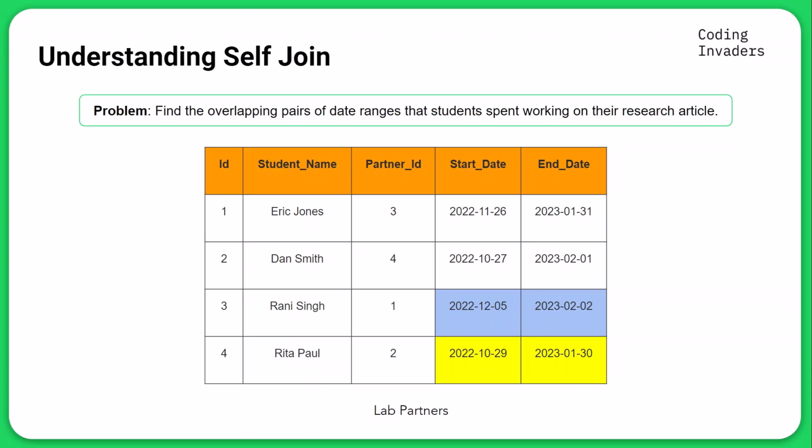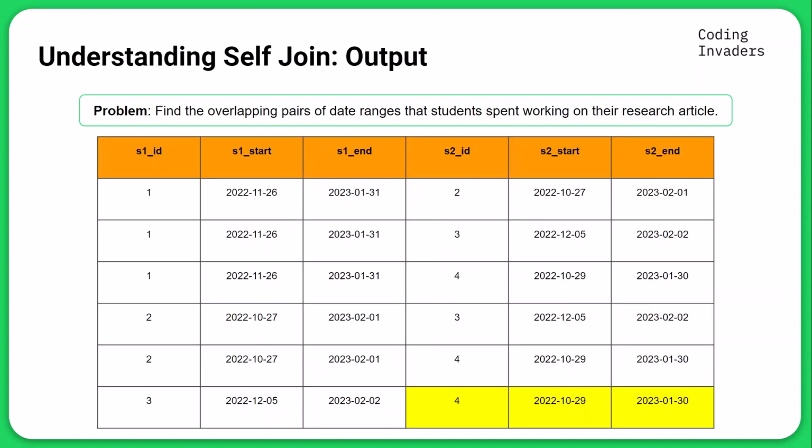The end date is also within this range, as well as the start date is before this date. So anyhow, your month of December as well as month of January is overlapping between ID3 and ID4. Hence, we added this as per the join data in output.